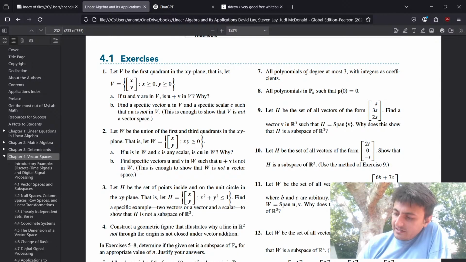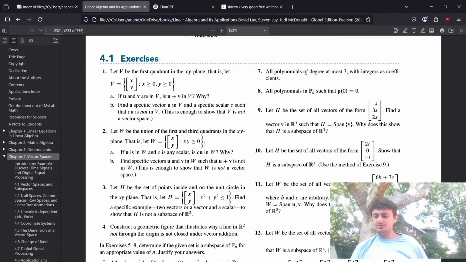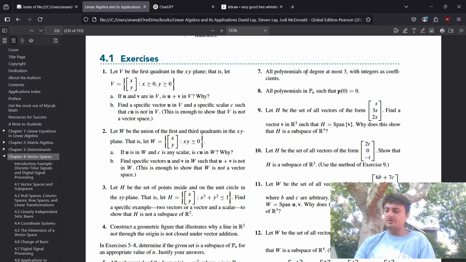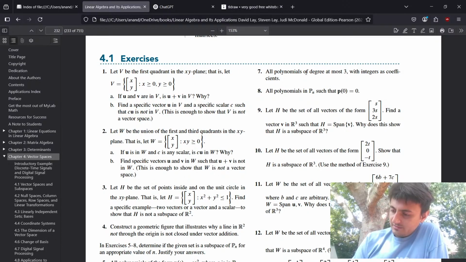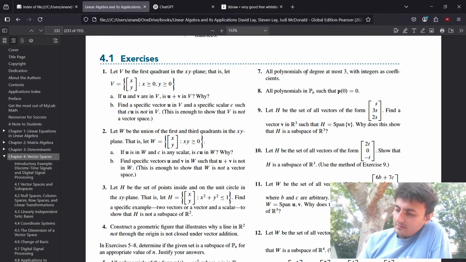If you take the coefficients equal to 0, then 0 is in P of t. Then we want to show closure.